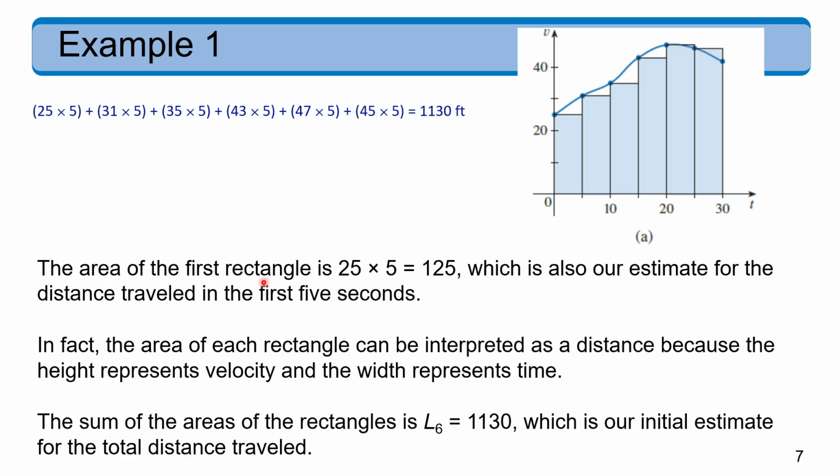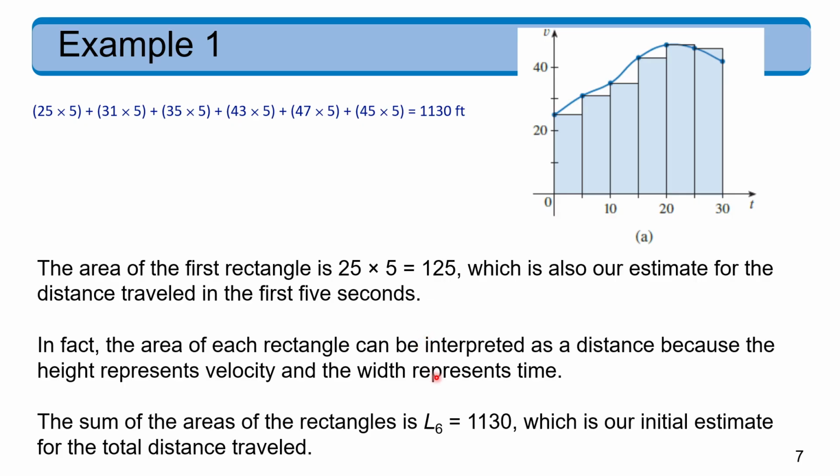Okay, so for example, the first rectangle, 25 times 5, is the area of this rectangle. That comes to 125, and that would be in feet. And that's our estimate for the distance traveled during the first 5 seconds. And similarly for all the other rectangles, they're all representing distance traveled over the corresponding time interval.